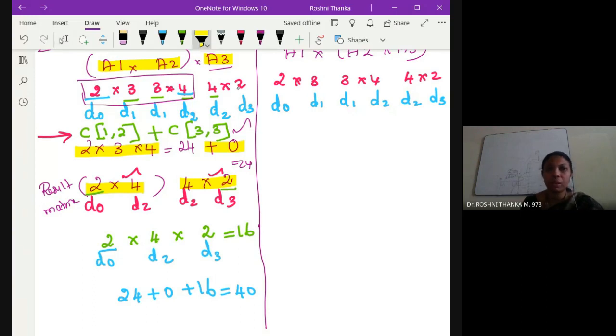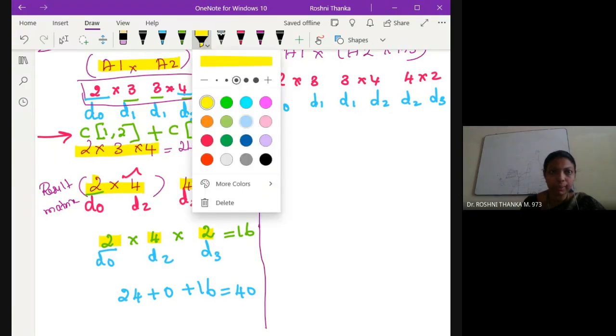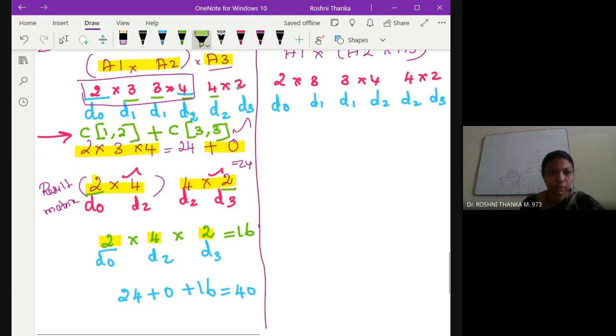Now when I finally multiply this, if I want to find the cost, we take this 2 into 4 into 2, which means it is D0 into D2 into D3. We took this 2, and from this 2 and 4 we took only the 4, and then we took this 2.